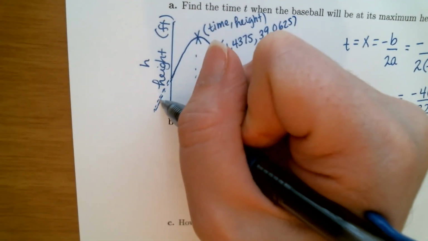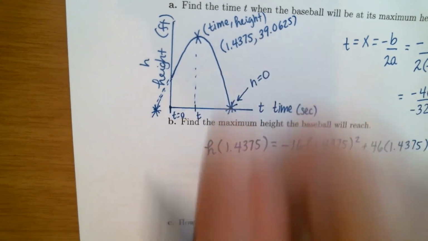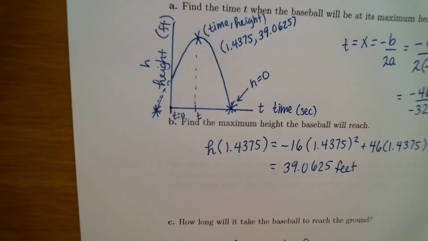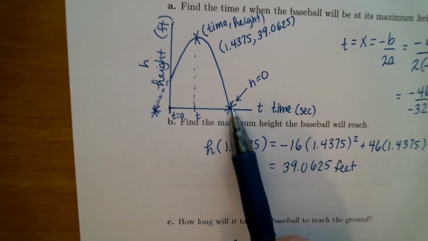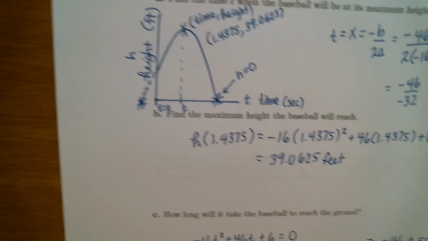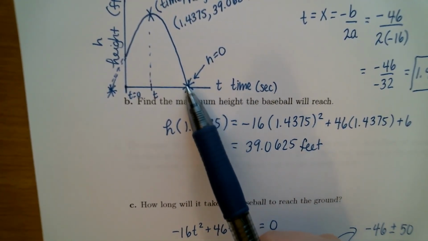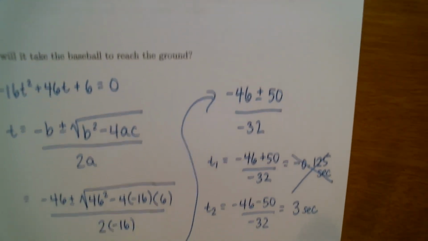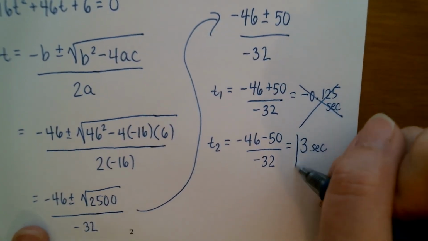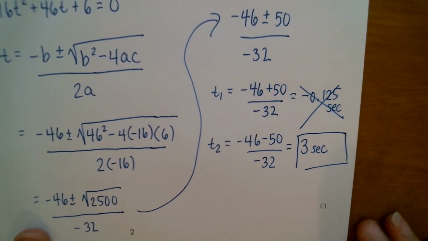So this negative time value is over here. That's what that's calculating. That's not what we want. We want the other time value. Right here, that's where the ball comes down to the ground. That is 3 seconds. So that is the answer to the question. It takes 3 seconds for the ball to reach the ground.